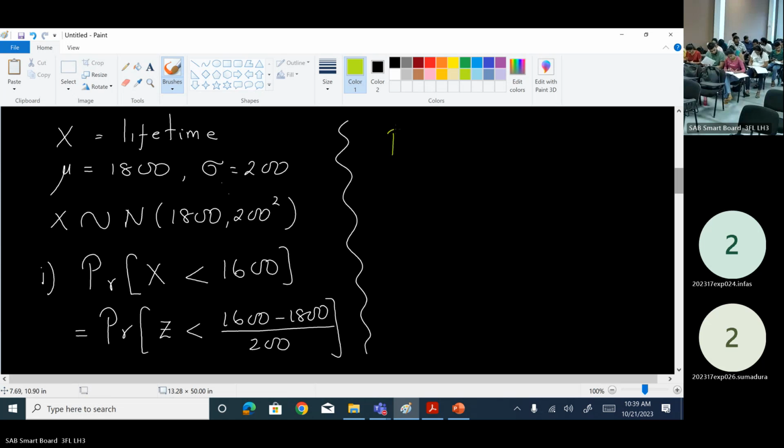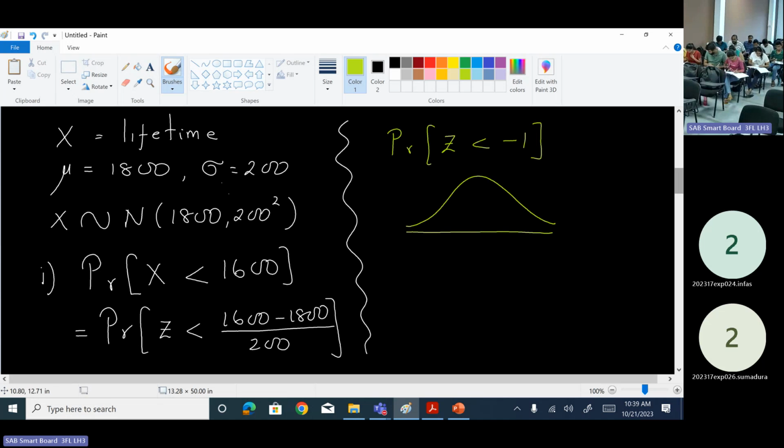So the probability is Z less than -1. We are in the Z scale, so we can draw the Z scale sketch. 0 comes in the middle, -1 we have to mark. So the area less than this is needed.